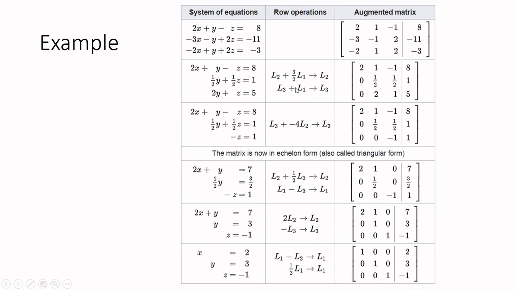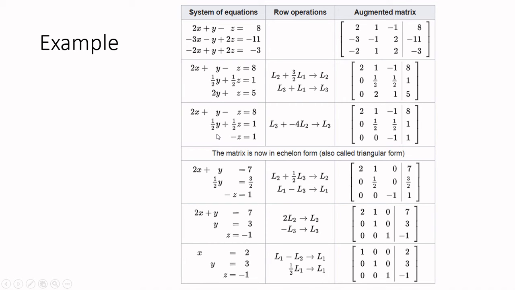Similarly, we should keep in mind that whatever operation we do, we have to do that operation in the augmented part also. Previously we see over here it's minus 11, minus 3. Now because of this operation, it has reduced to 1 and 5. So that has to be kept in mind, that we have to operate on a complete row and not on the first few elements.